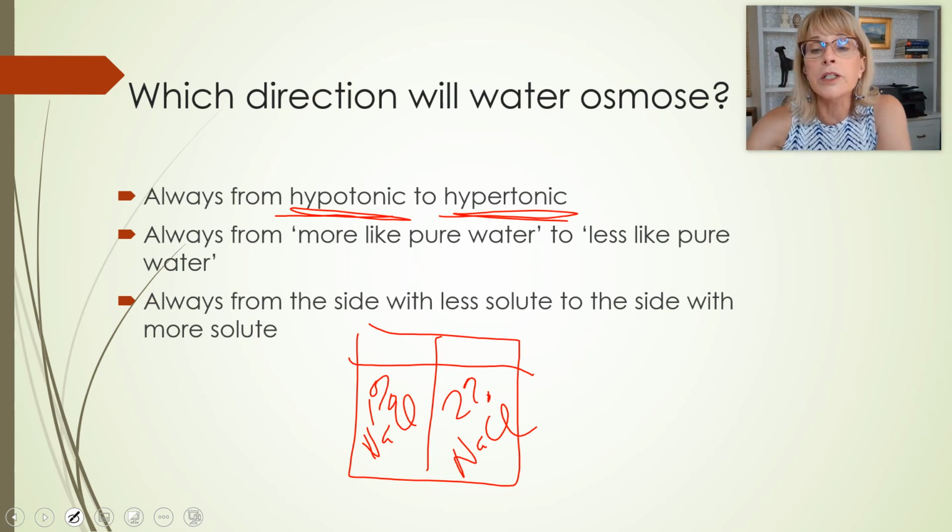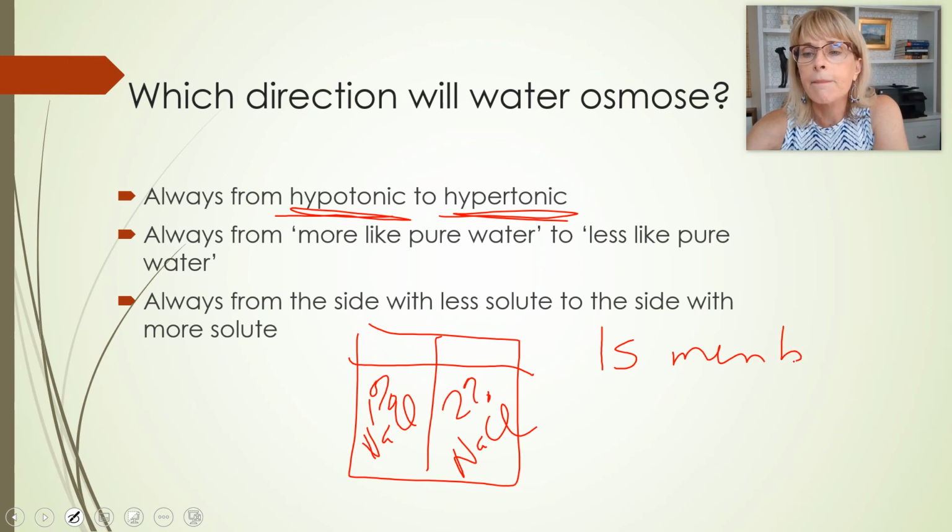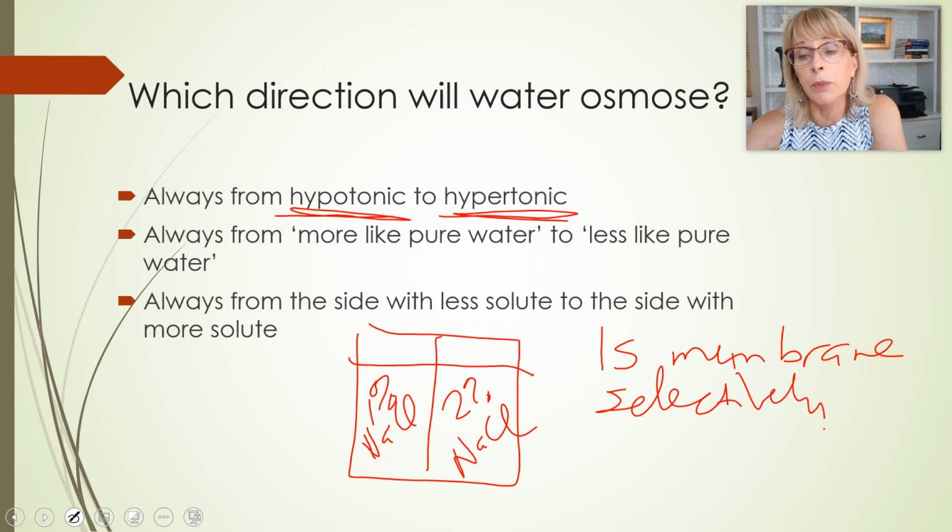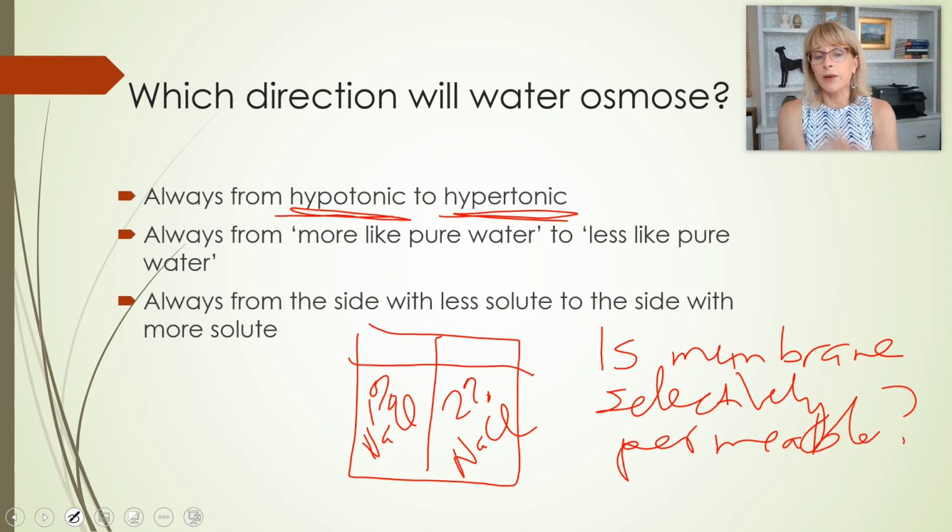First of all, we need to know, is the membrane selectively permeable? Because if the membrane's not selectively permeable, then the salt's going to move. So if I tell you that the membrane is permeable, water's not going to move, because water will only osmose when there's a selectively permeable membrane, right?